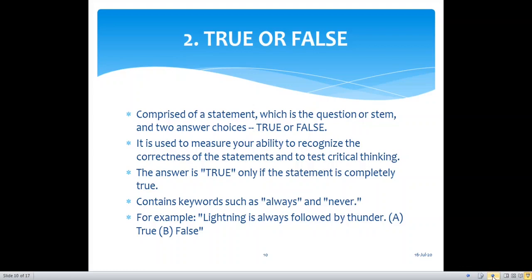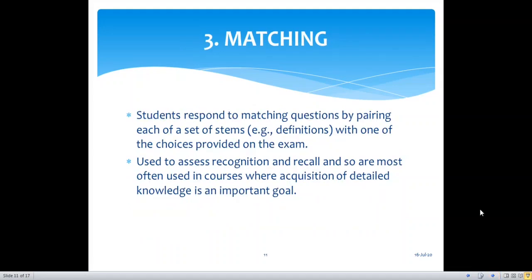The answer is true only if the statement is completely true. Watch for keywords such as always and never. For example, lightning is always followed by thunder. A. True. B. False.